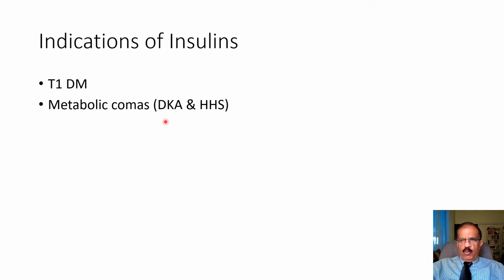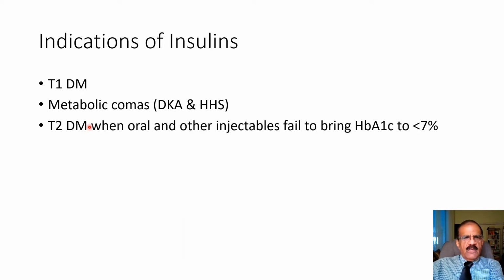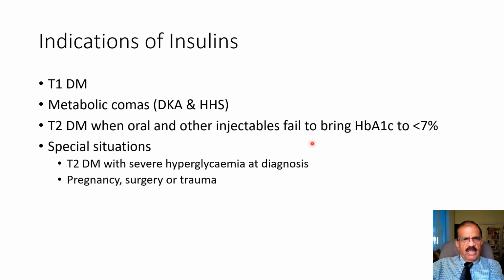So any patient who presents with metabolic coma should be given insulin. And then a type 2 diabetes patient, when oral and other injectables fail to bring HbA1c to less than 7. That is one indication, I think the strongest indication.